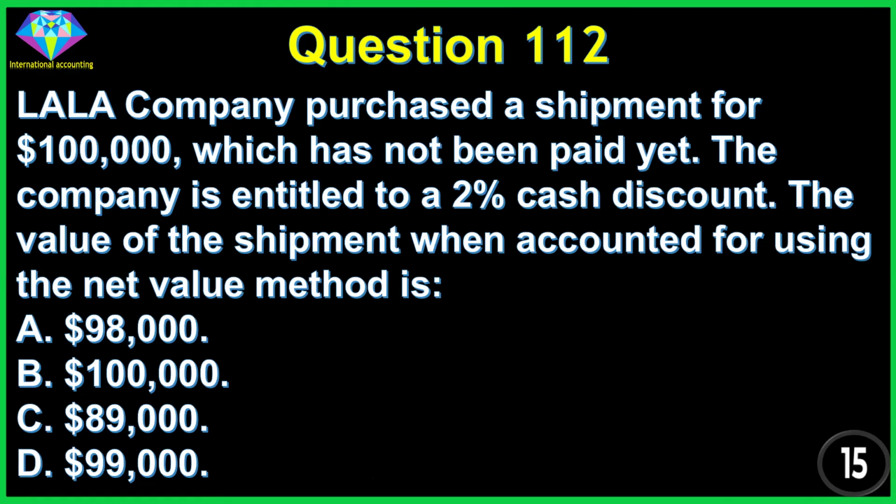The value of the shipment when accounted for using the net value method is A. $98,000, B. $100,000, C. $89,000, D. $99,000. The answer is A. $98,000.